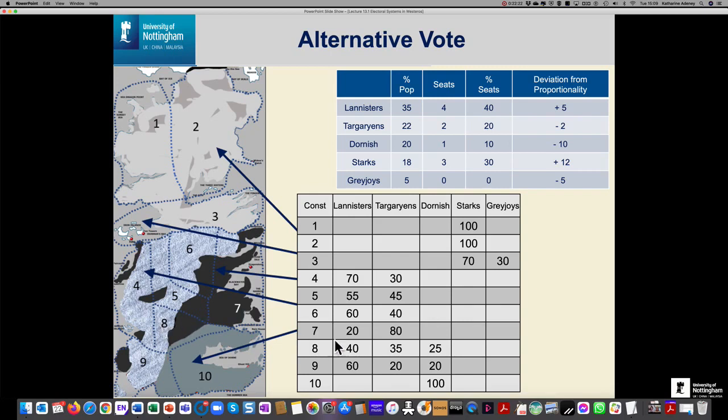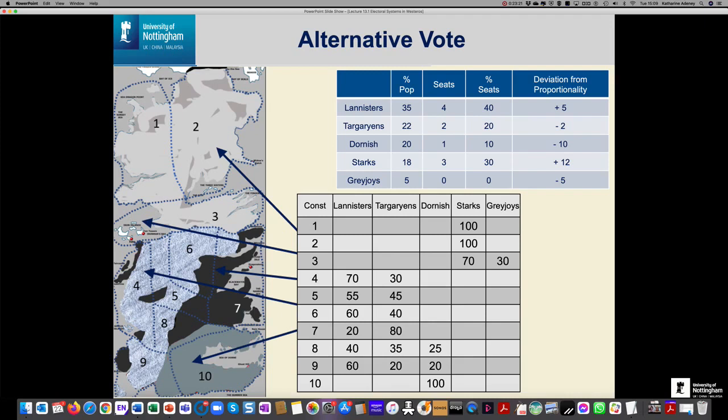But the Lannisters only have 40% of the population. So what's going to happen there is that if people vote according to family lines, the Lannisters will get 40% of the first preference votes, the Targaryens will get 35% of the first preference votes, and the Dornish will get 25% of the first preference votes. No one's achieved a majority.